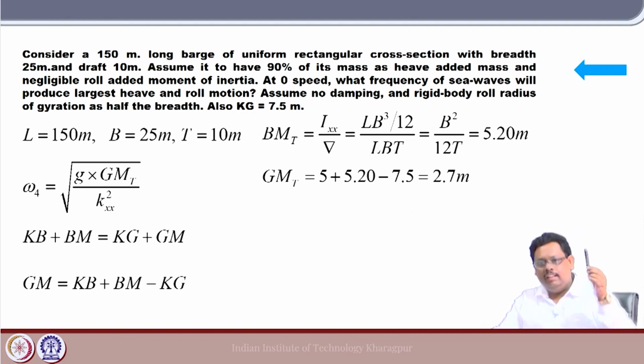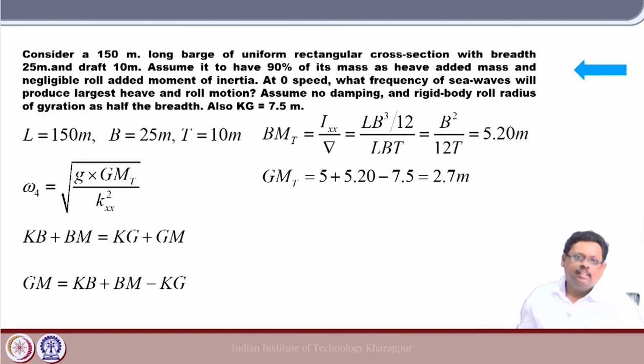This is the pen, this is the keel, and then you can take G somewhere over here, B somewhere over here, and M maybe this. So, Kg plus Gm should be equal to Kb plus Bm, right, and then from there I can get Gm equal to Kb plus Bm minus Kg.